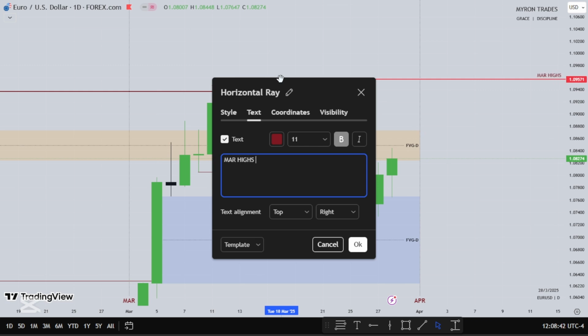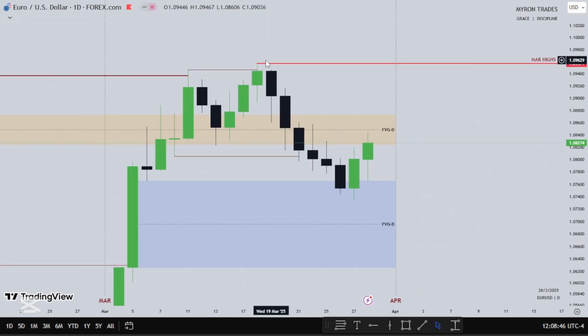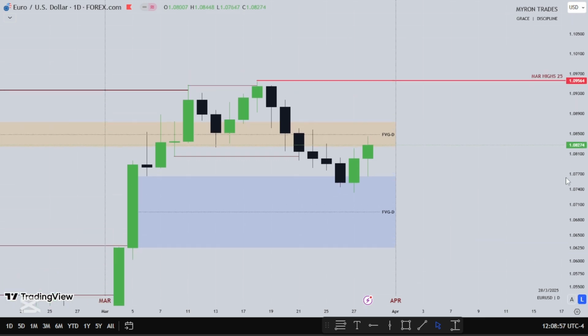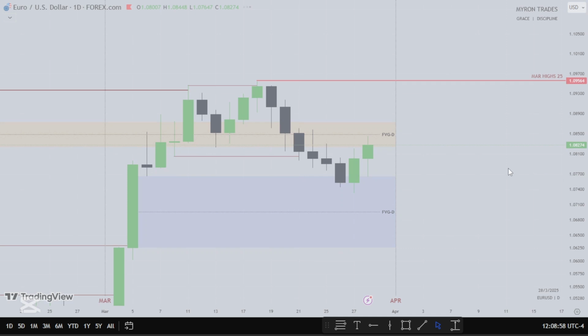March highs 25. So I'll be watching here, and this fair value gap, this one as well. Resistance will take us lower, support will take us higher. So that's Euro.